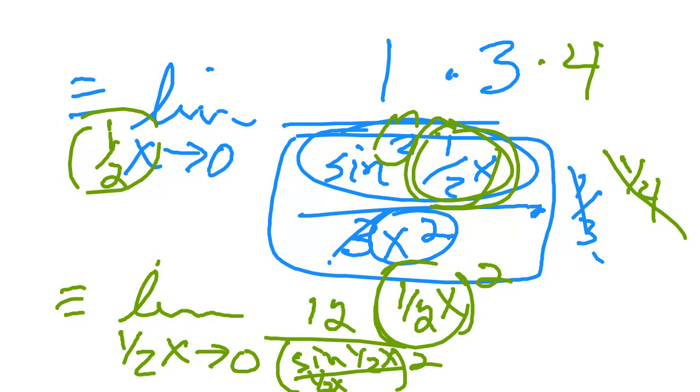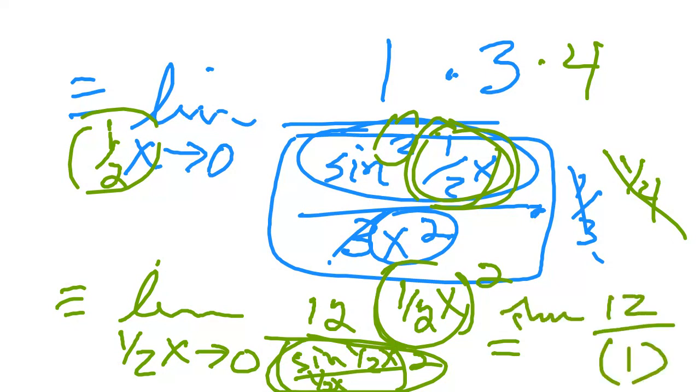I can rewrite it like that, and now I can use the theorem on the bottom. By the theorem, this is 12 over 1 squared, and 1 squared is 1. So this equals 12 for my final answer. Number 13 does have a correct answer in the back of the book of 12, as long as that's what your book has.